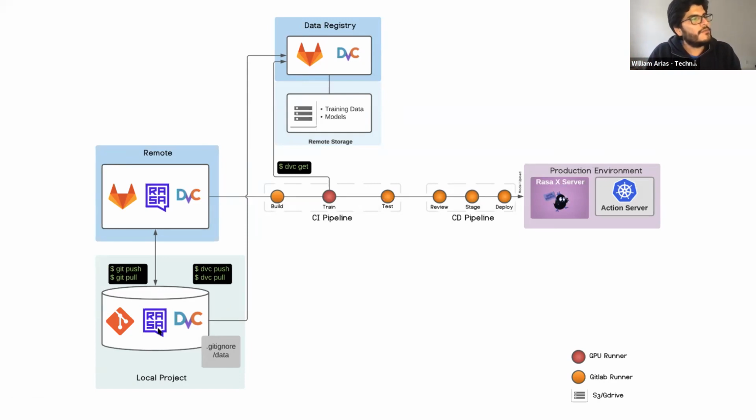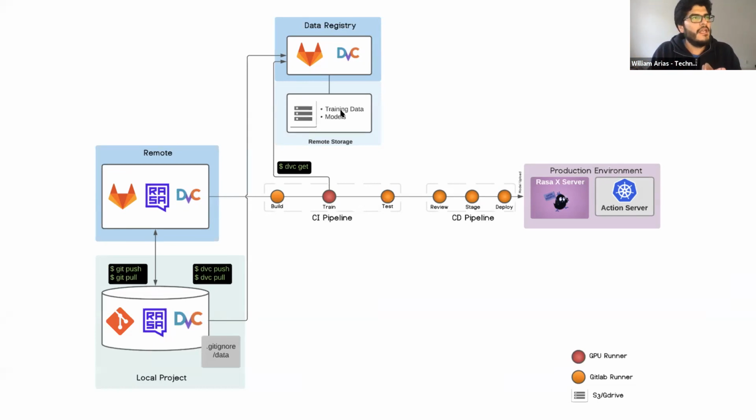As a chatbot developer, you will add training data to your chatbot, but whenever you add training data, you are going to do something similar to Git. You are going to add this data and push it to a remote. In this case, the remote is what we call a data registry, where the data is stored in remote storage.